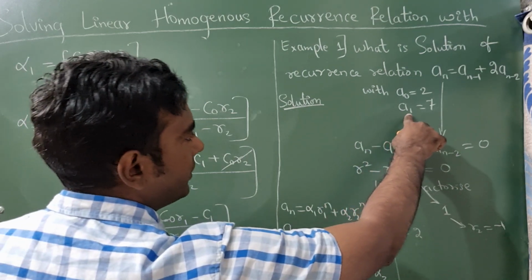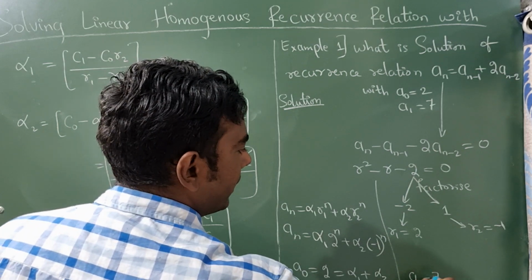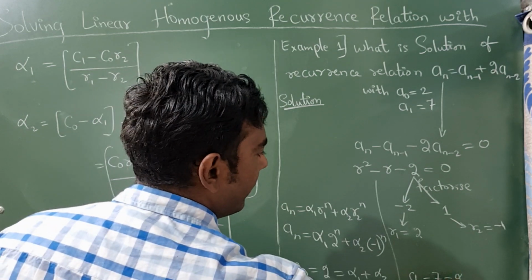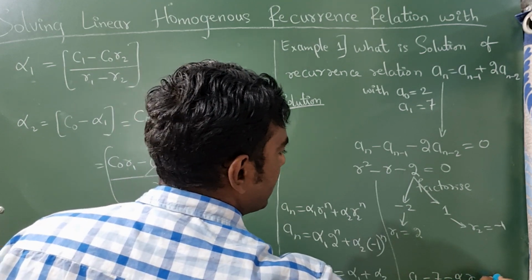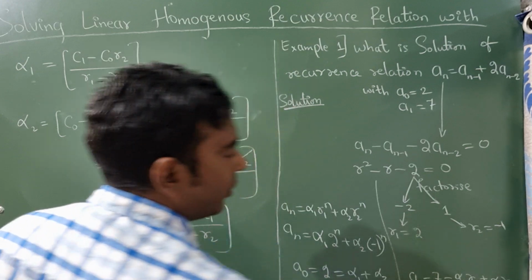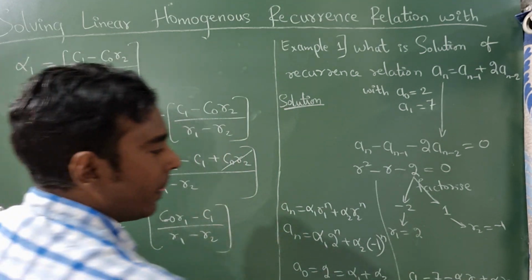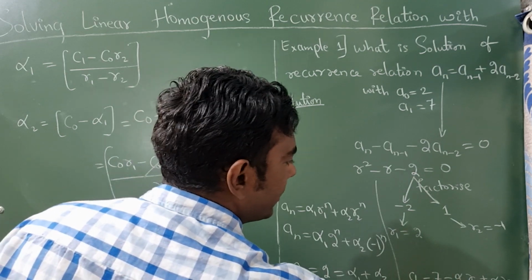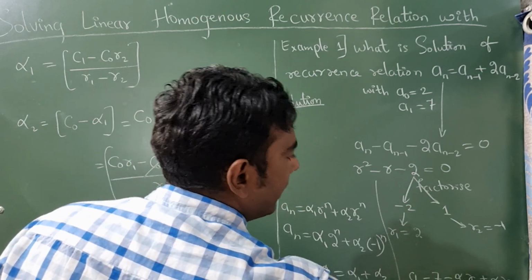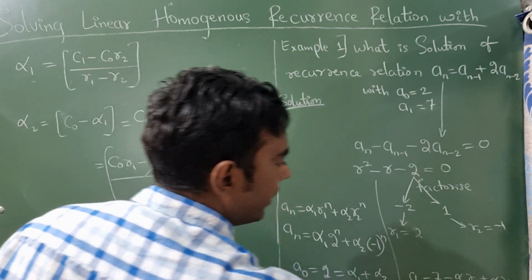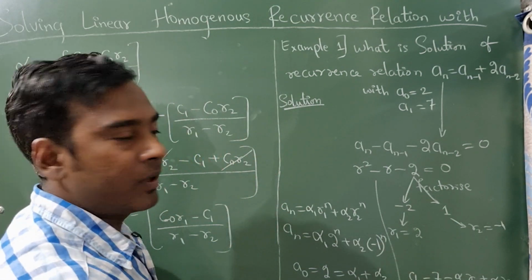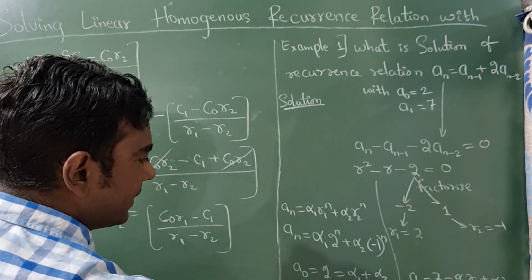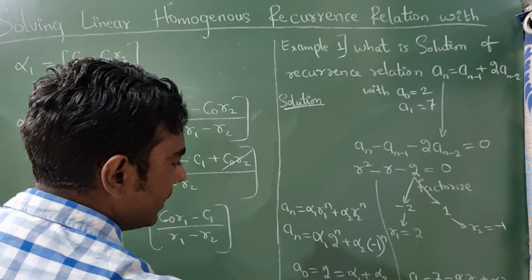The next initial condition is a1 = 7, substituting n as 1: alpha 1 r1 plus alpha 2 r2, where r1 is 2 and r2 is minus 1. Solving these two equations with a calculator, you get alpha 1 as 3 and alpha 2 as minus 1.